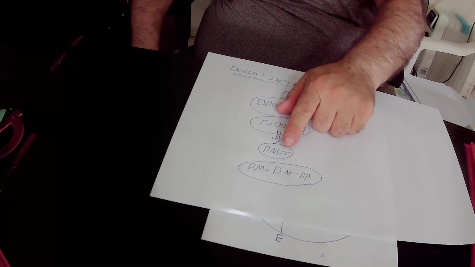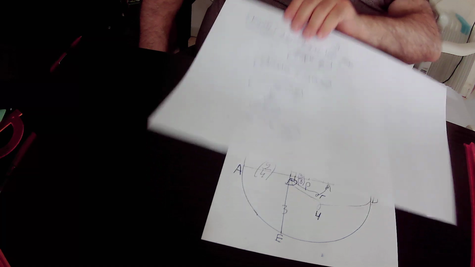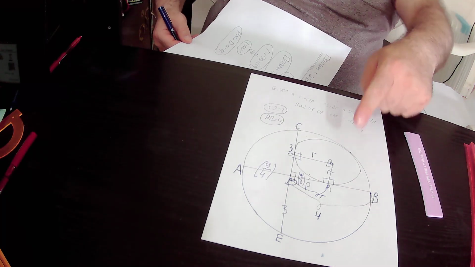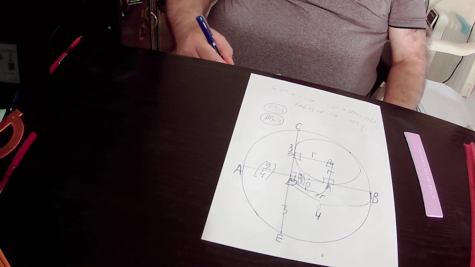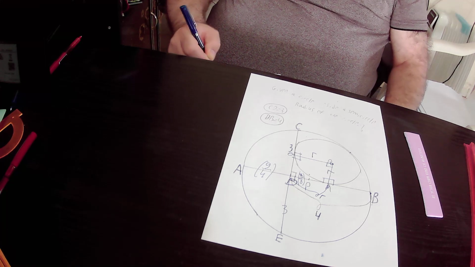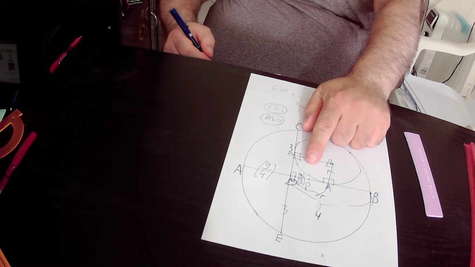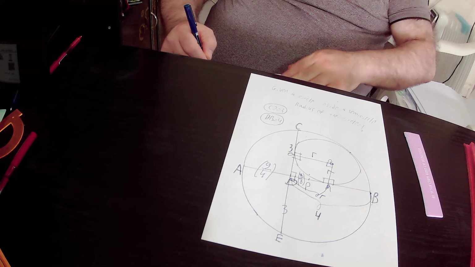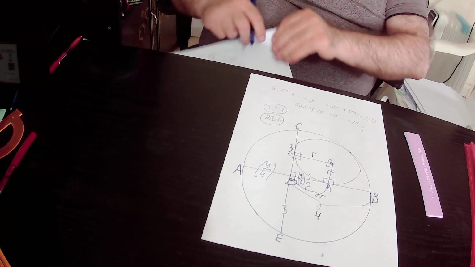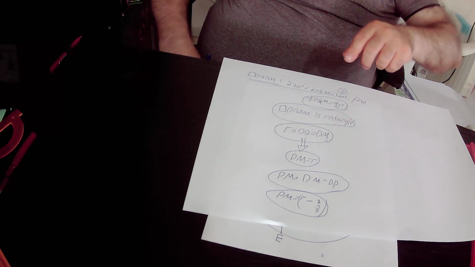The length of line segment PM equals DM minus DP. And we know that DM equals small r, so we'll substitute DM by small r. And we have already found out that DP equals 7/8. So we substitute DP by 7/8. So in conclusion, we found out that PM equals small r minus 7/8.